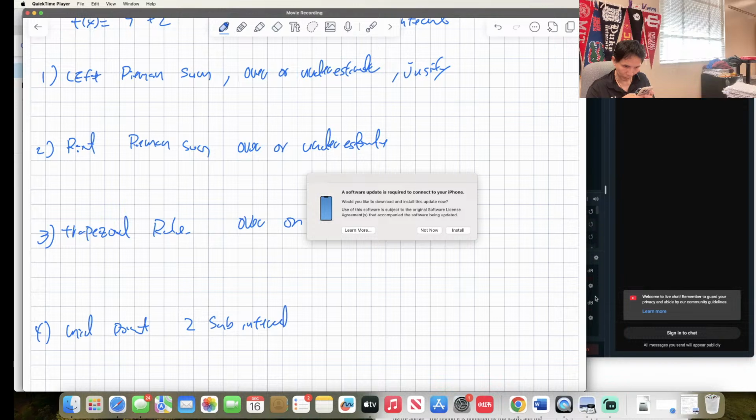You think left would be under, because the exponential would already be under, and right would be over, because the left side would be under the graph and the right side would be over.